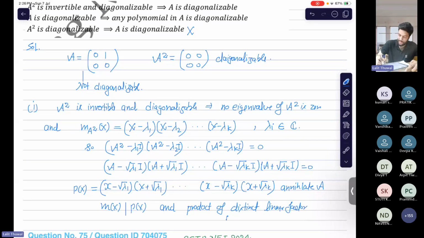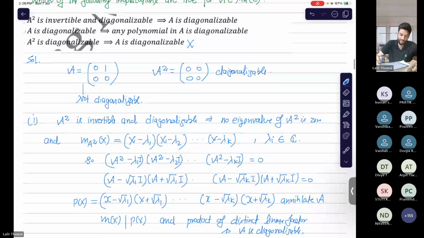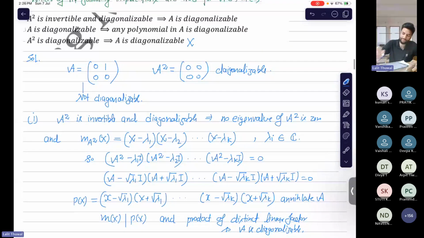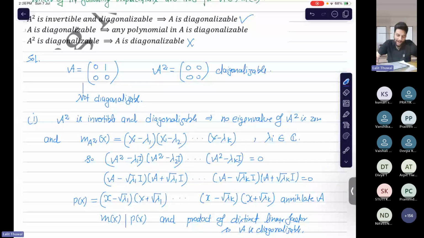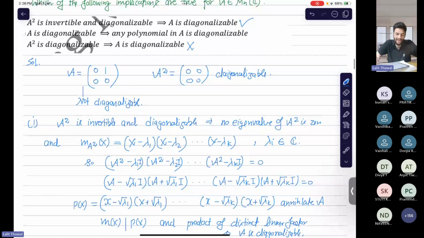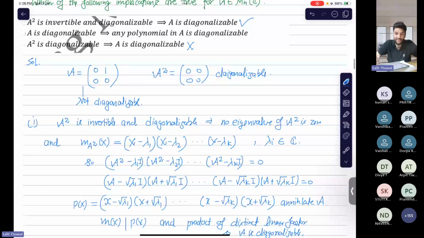So A is diagonalizable, right? The first implication is true, and let me leave the second option as an exercise for you.